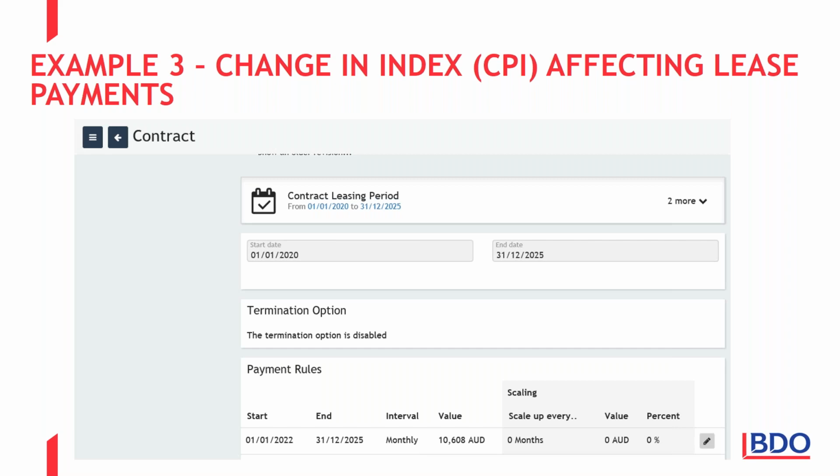Previously, it was $10,400, but we've now increased that by 2%. You can see we keep it as $10,608 for the remainder of the original lease term. We know it's going to change every 12 months. We wait for that change to happen. At this stage, we're just updating all remaining payments to that amount.